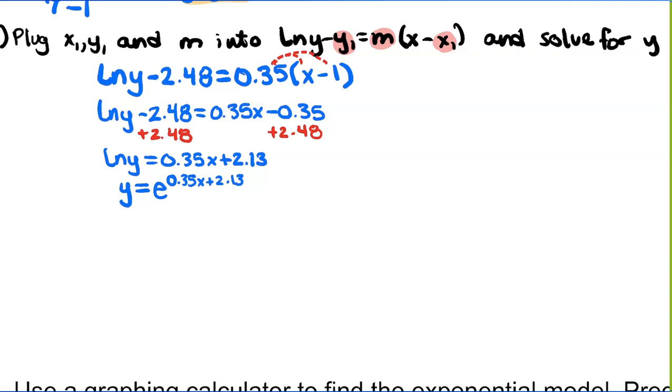Here's where the book has a lot of faith in us. We have never gone in this direction. If you look at this plus, using our exponent rules, we can split this up. We've always done, if you have two exponents being multiplied, you add their powers. Now this is saying we're adding our powers, so let's split our exponent into two exponents being multiplied. So we have y equals, and I'm going to switch my order here too, so it's in standard form, e to the 2.13 times e to the 0.35x.